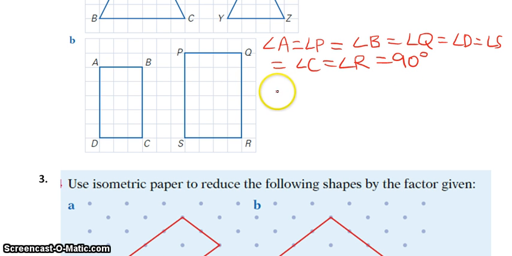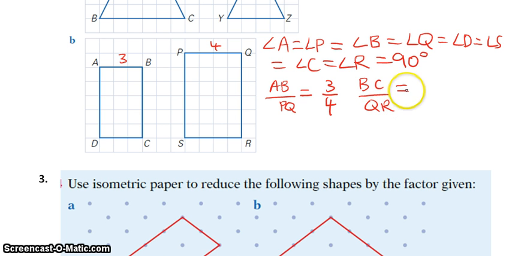The next thing I can say is that AB over PQ is equal to, well, there's 3 units there, and there's 4 there. So it's equal to 3 over 4, or 3/4. I can also say that BC over QR is the same as, now BC is 1, 2, 3, 4, 5 units, and QR is 1, 2, 3, 4, 5, 6 units.